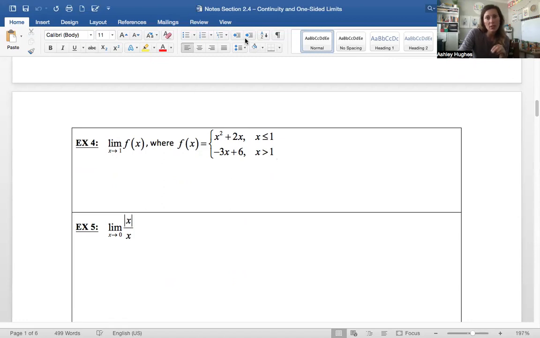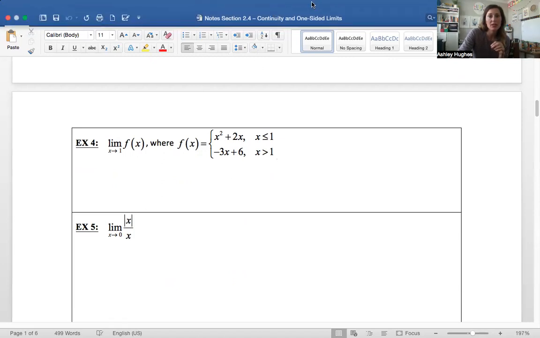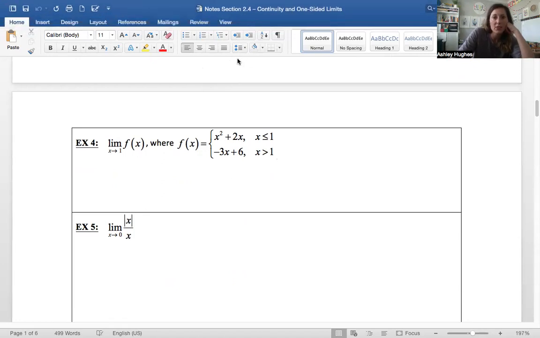If you ever have a piecewise function, you need to look at the breaking point, like the handoff point. So where is this function changing from one function to the other? I want to know the limit as x goes to 1, and it just so happens that that is where the function handoff occurs.